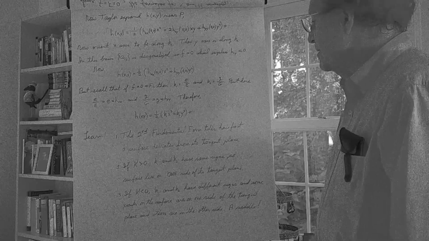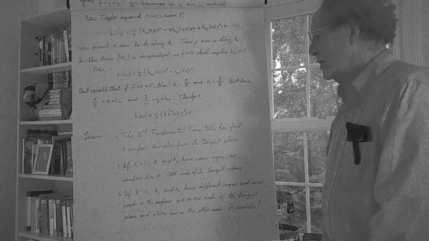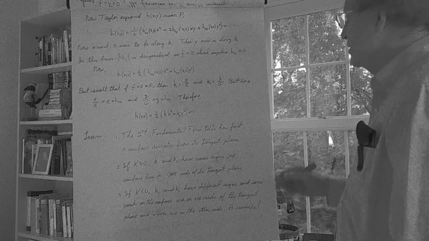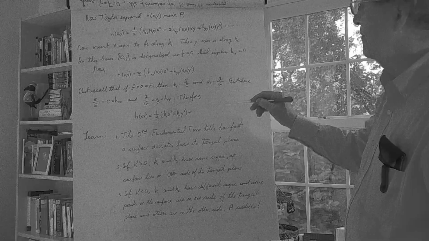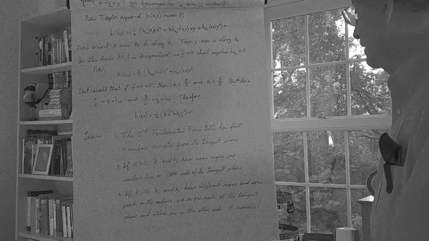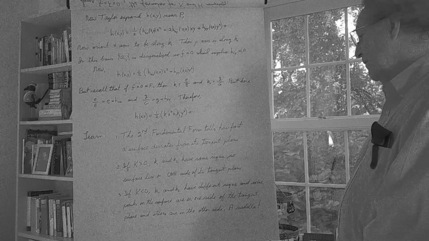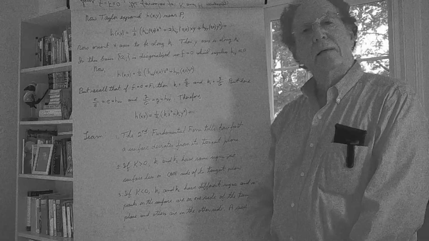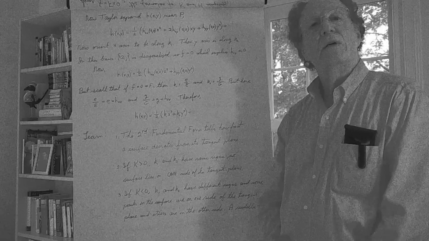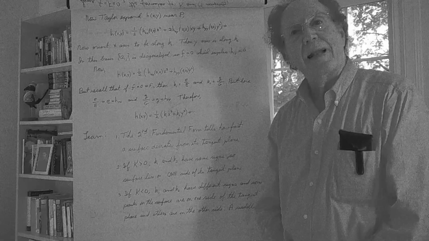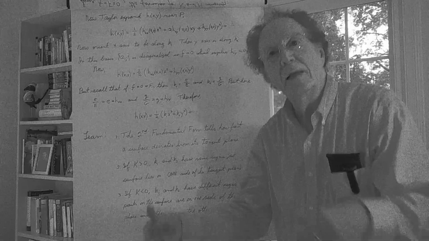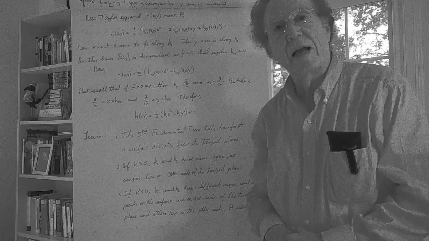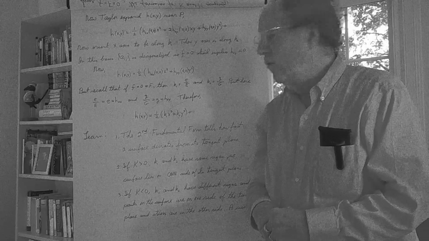However, if the Gaussian curvature K is less than 0, then the principal curvatures have different signs. This term has a different sign from this term, and so you read off that some points on the surface are on one side of the tangent plane and others are on the other side. So in that case, the surface looks like a saddle. It goes down on one side and up in the perpendicular direction, like a saddle on a horse.